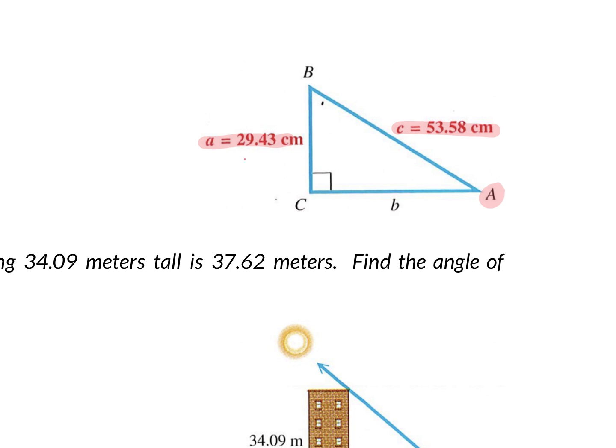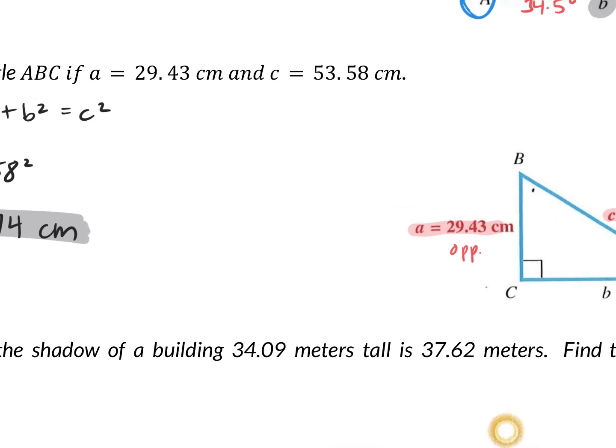Because this from letter A is the opposite over the hypotenuse. Okay, always opposite. And my hypotenuse is always the longest side. So if I did sine of A, that's going to equal 29.43 divided by 53.58.